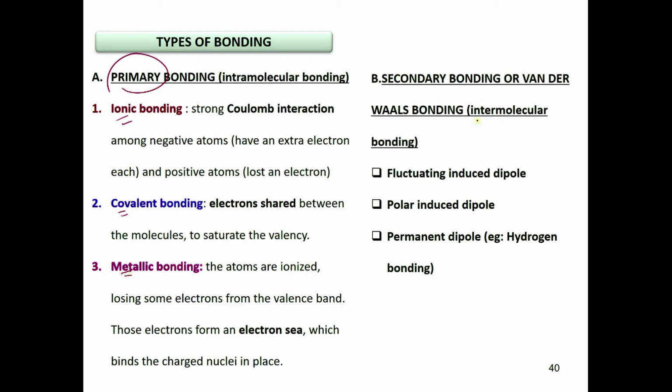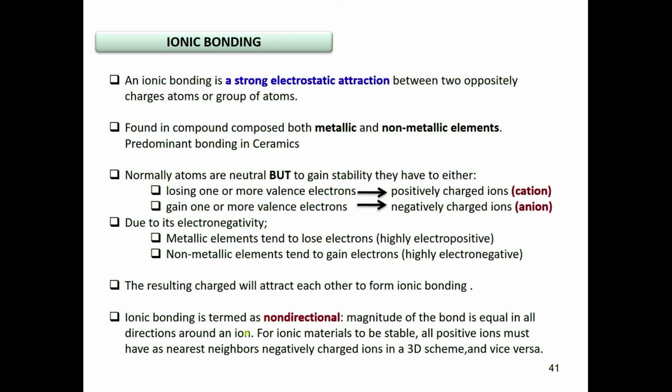However, the intermolecular bonding is between the molecules. This is the secondary bonding, or van der Waals bonding. We can find van der Waals bonding between molecules as fluctuating induced dipole, polar induced dipole, or permanent dipole, for example hydrogen bonding.